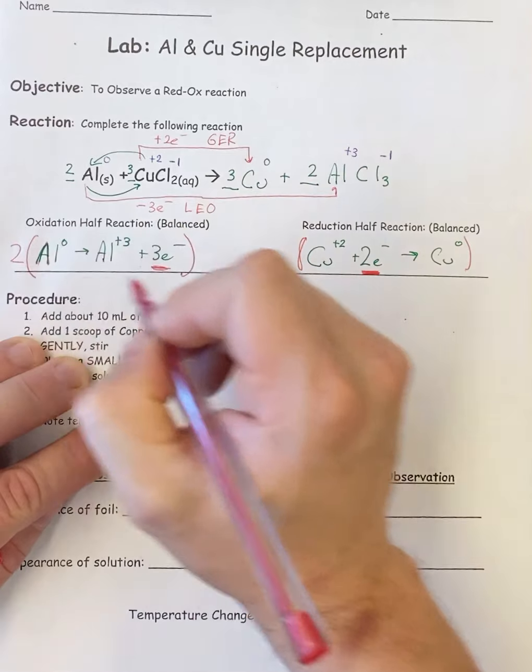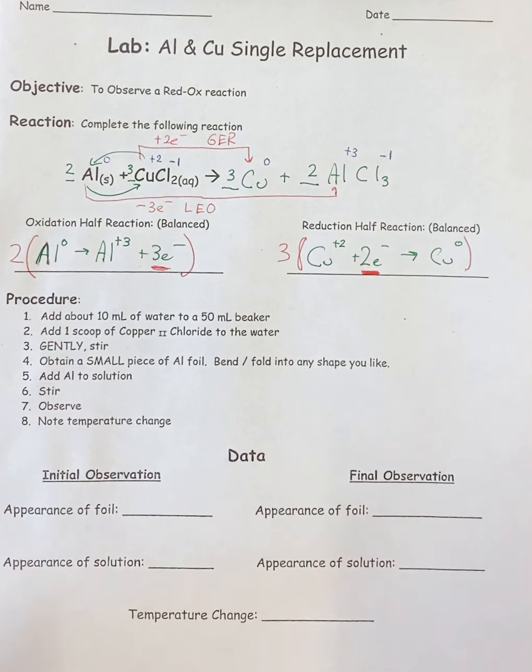Now in this case, they go to 6, so it's 2 and 3, which does match up with the balancing up here, but that is only because this reaction is very simple. If the reaction was a little bit more complicated, they don't necessarily have to match, because again, we are doing half reactions for a single atom, not the true half reactions, which account for the fact that they're multi-atoms. So be aware of that. Hopefully it shouldn't be an issue for you at this point.